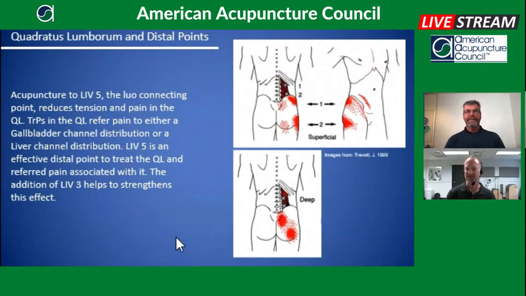When you look at the QL referral pattern, it pretty much goes to where the sensory divisions of those nerves go: the posterior lateral gluteal region, the greater trochanter region, wrapping around to the suprapubic region, and then to the groin. There are also some divisions that go more posterior, deep into the gluteal, SI joint, or deep buttock region.